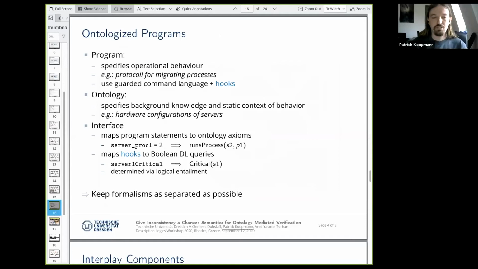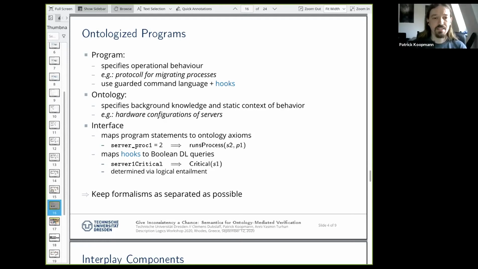To be able to model such a thing, we introduce ontologized programs, and these consist of three components. The first component is a program in the way we've seen it before, using the programming language of the model checking tool PRISM. We use an ontology that specifies some background knowledge and some static information about the system. And those two components are linked together via an interface.